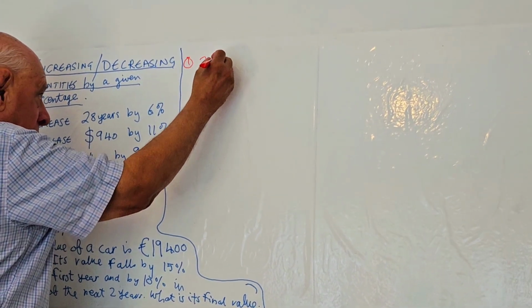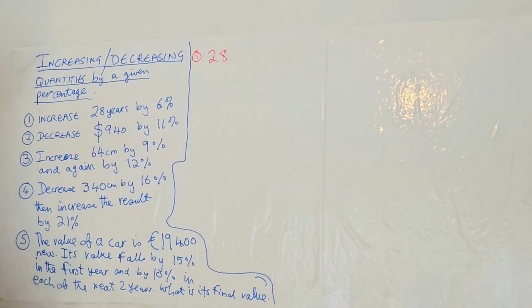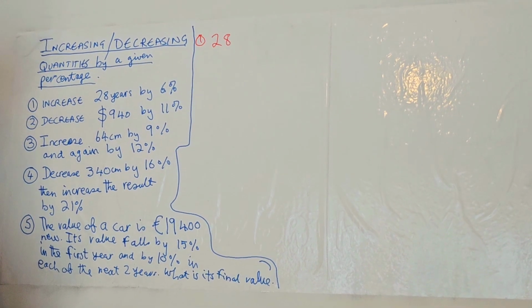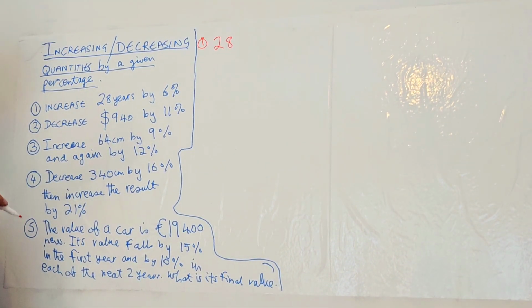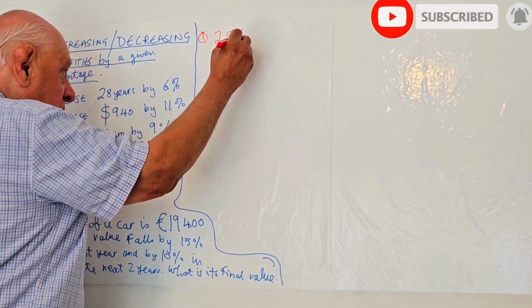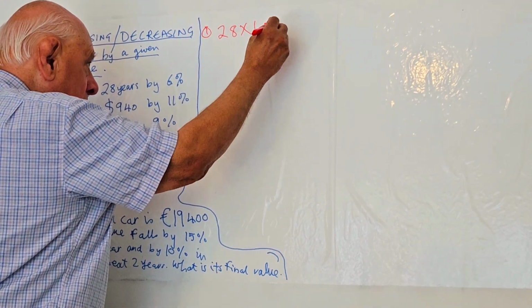If you add 6% onto 100%, which is our starting value, it becomes 106%. And 106% means 106 over 100, which as a decimal can be written as 1.06. That is all you've got to do for that one.